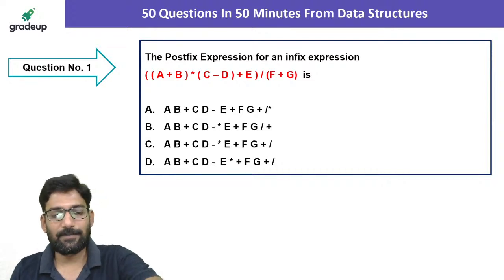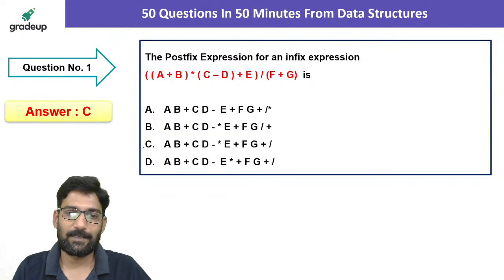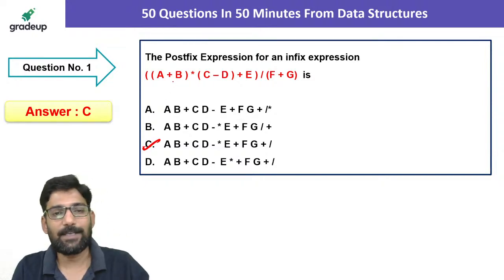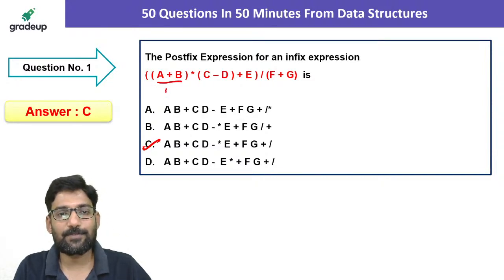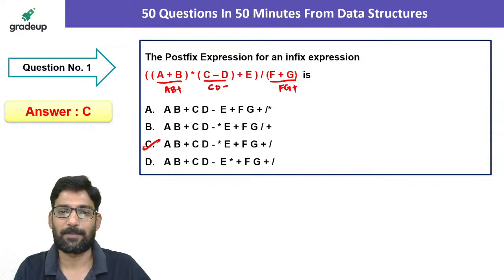The right answer for this question is option C. Guys, it's very easy. A plus B postfix form is AB plus, C minus D postfix form is CD minus, F plus G postfix form is FG plus, because they are in the parenthesis.